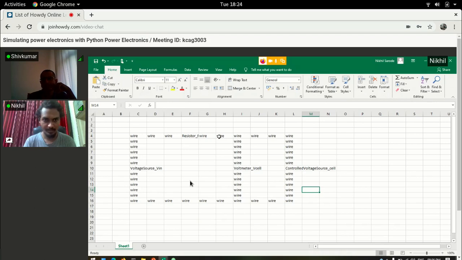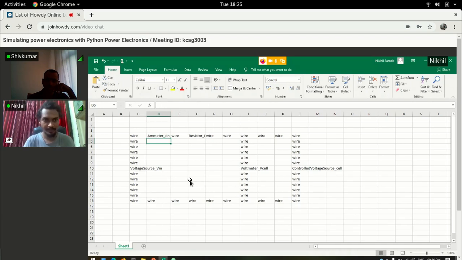It can be anywhere, because the voltmeter will not draw much current, so it can be either in the cell or in the source. Now, there's one thing: the control voltage source branch has zero resistance, so put some negligible resistance there, because otherwise the simulator will not be able to solve.